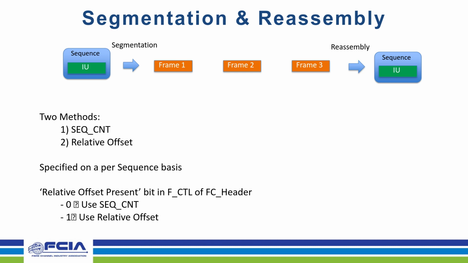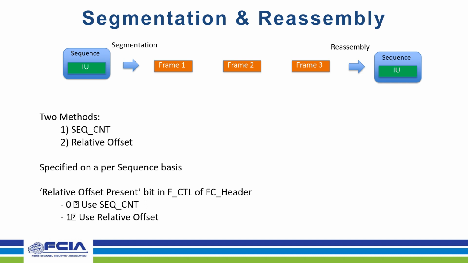When the bit is set, you're using relative offset. If that bit is set to 0, sequence count is used. Since you're using the method to segment and reassemble all the frames within a sequence, the value of that RO bit needs to be the same in each frame in the sequence.